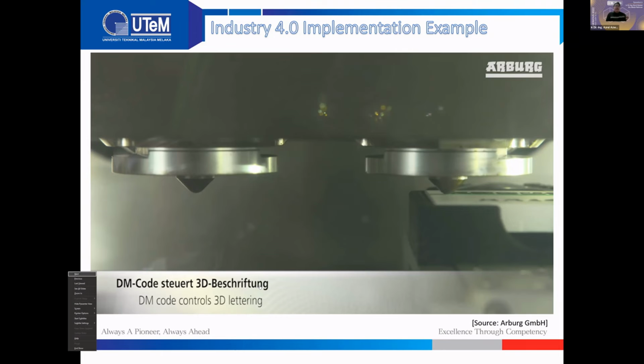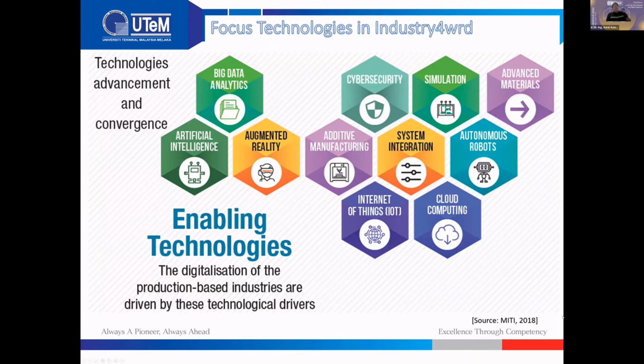So you can see that based on this Industry 4.0 introduction, our countries, I believe Malaysia, Indonesia, and also the Philippines, already have their own strategies in order to adopt it. In 2018, Malaysia already emphasized all these enabling technologies, looking forward to better research and development in this area.